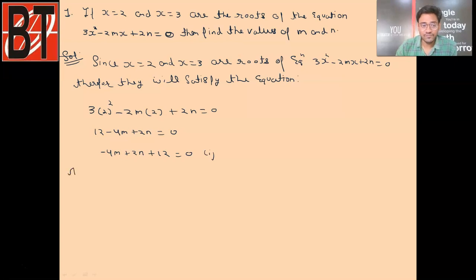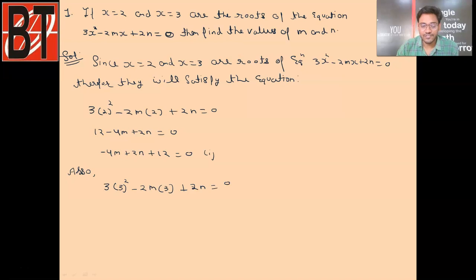Also, since x is equal to 3 is also a solution of the given equation, it will also satisfy the equation. So yes, we can write in this way, 3 square, because x is equal to 3 will also satisfy, minus 2m 3 plus 2n is equal to 0.